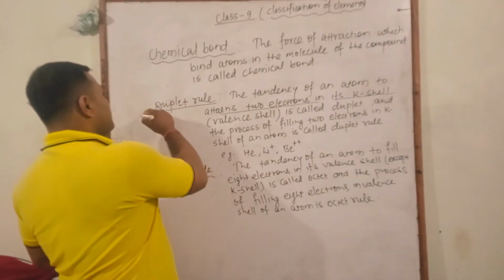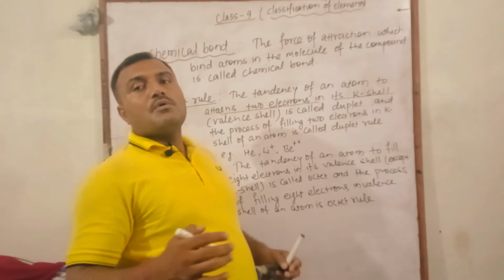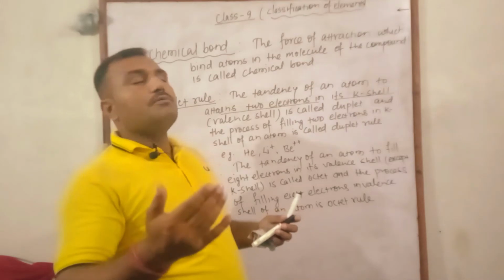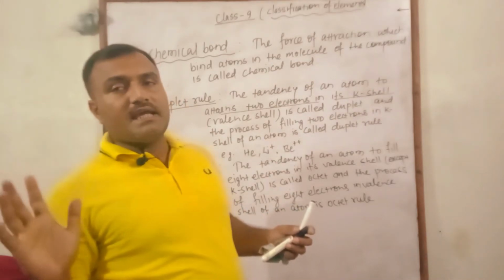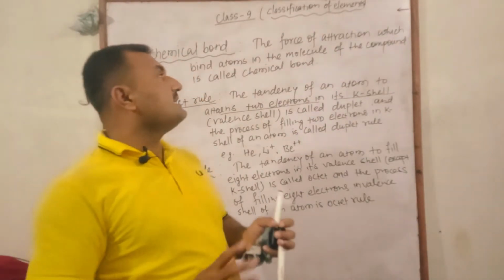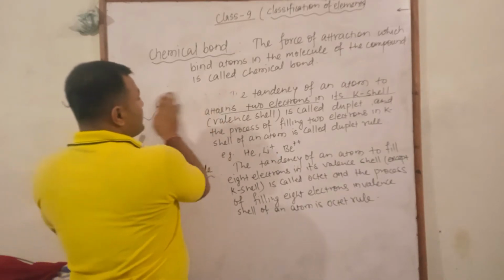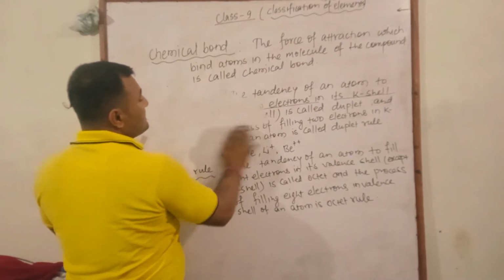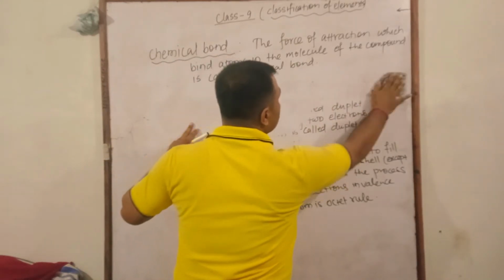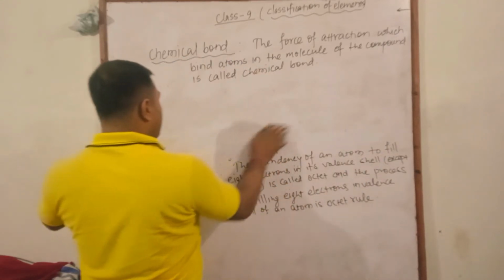Due to the duplet and octet rule, an atom tries to achieve the electronic configuration of the nearest inert gases, either by losing electrons or by gaining electrons. And due to that unstable nature, the atom has a tendency to react and form chemical bonds with other atoms, due to formation of compound.